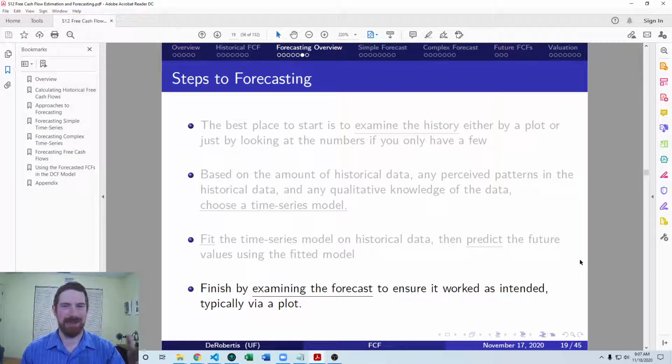You can look at a plot of both the historical and going into the forecasted, and that lets you visually see, well, does this forecast seem to kind of continue the patterns which I saw in the past? Then I know that the forecast has worked correctly. Unless, of course, you've used your qualitative knowledge to adjust the forecast, and then you're making sure that it is in line with your expectations of the company for the future.